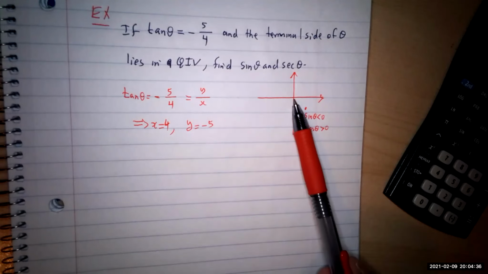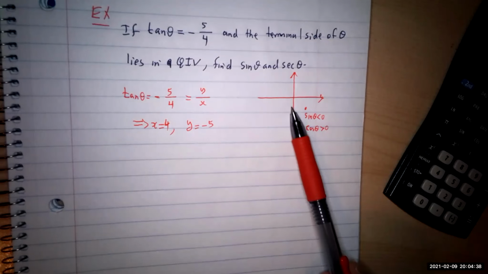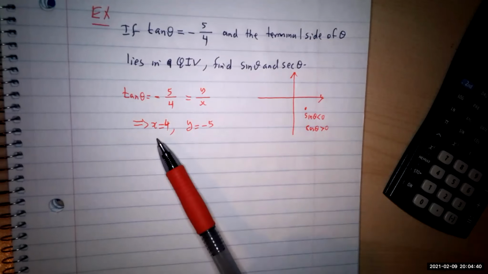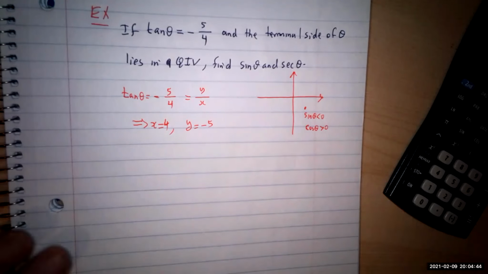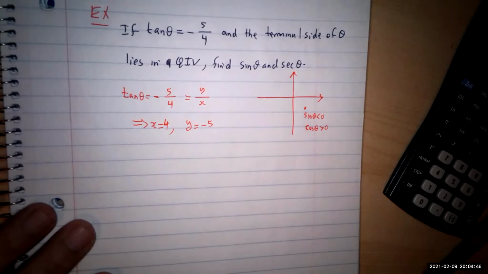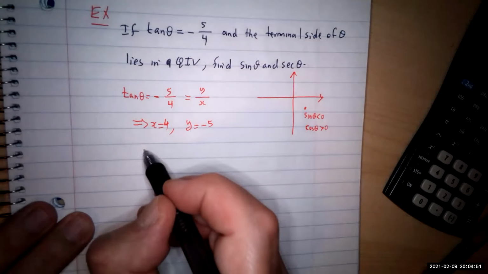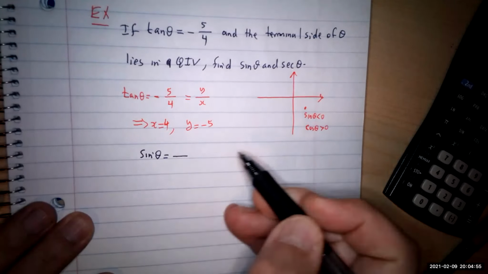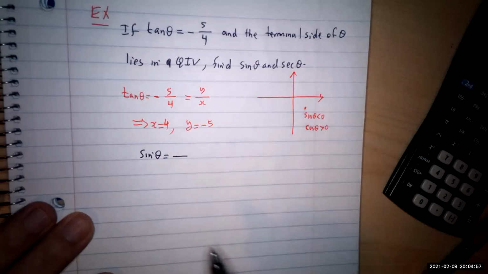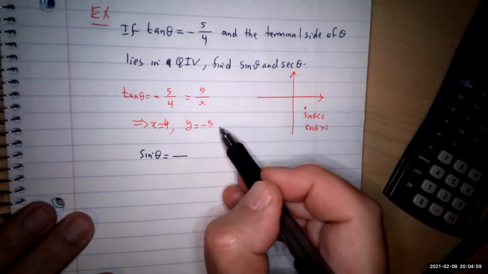But you know that x must be positive, y must be negative. So you pick x equal to 4, y equal to -5. Okay, so this is the way you check these numbers. Any question? The rest is easy. You find the sine. Remember, the sine is y over r. Oh, I'm sorry, I have to find the r. What's going to be r?